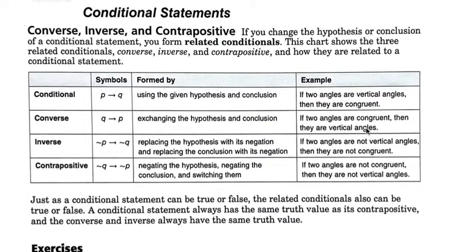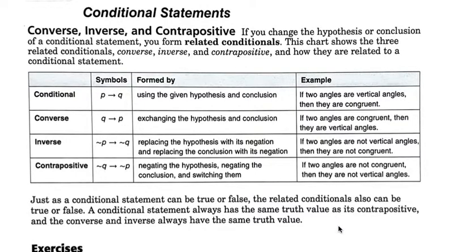You put nots in both parts of the original conditional. And then the contrapositive, you're taking the converse and putting nots in. If two angles are not congruent, then they are not vertical angles. The best way to remember it is this stuff right here. That'd be a good thing to put on your chart.